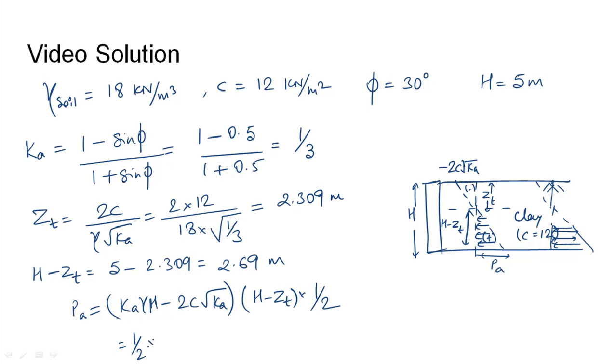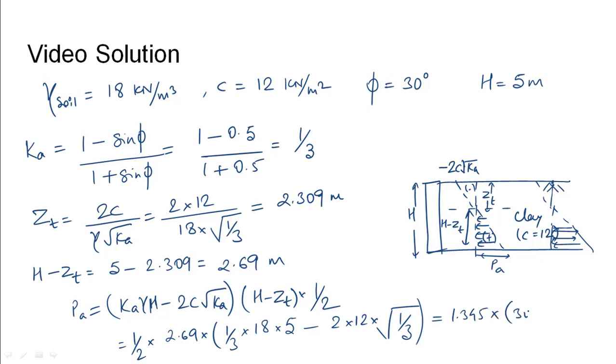So 1 by 2 into h minus zt is 2.69, Ka is 1 by 3, gamma is 18, h is 5, minus 2 times of 12 into root over 1 by 3. This would give the value as 1.345 into 30 minus 13.856, which would essentially turn out to be 21.7 kilonewtons per meter.